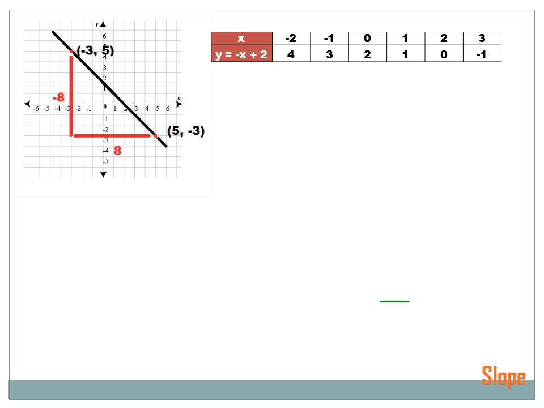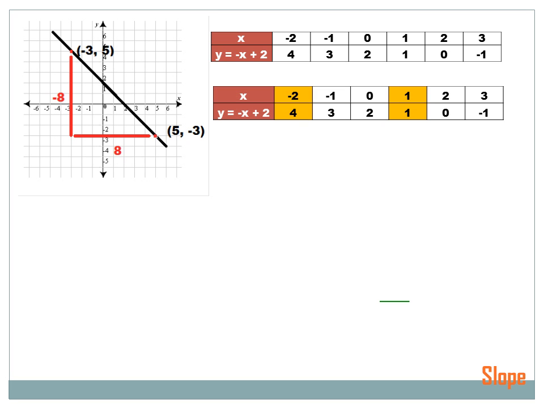y equals minus x plus 2. Well, if x equaled minus 2, y would equal minus (minus 2), or positive 2, plus 2, which is 4, and so forth. Now, if we're going to figure out what the slope is using the points in this table, we need to pick two points arbitrarily.